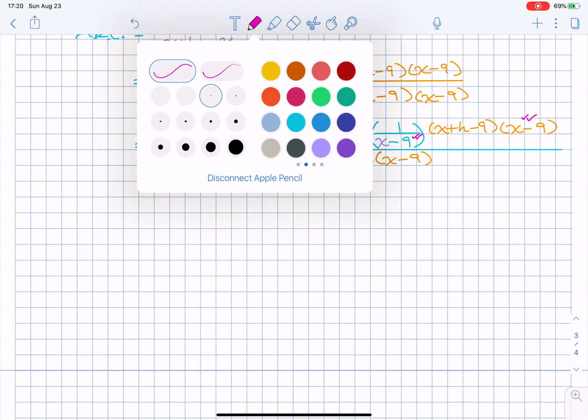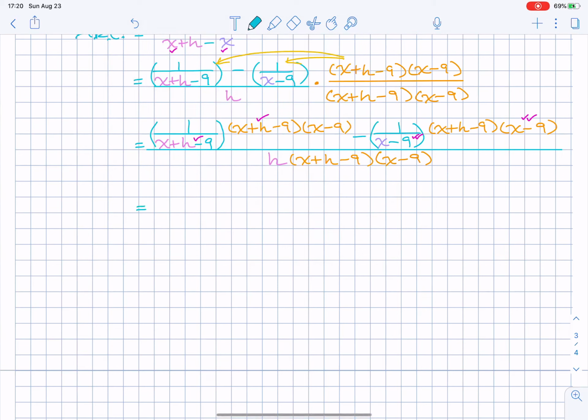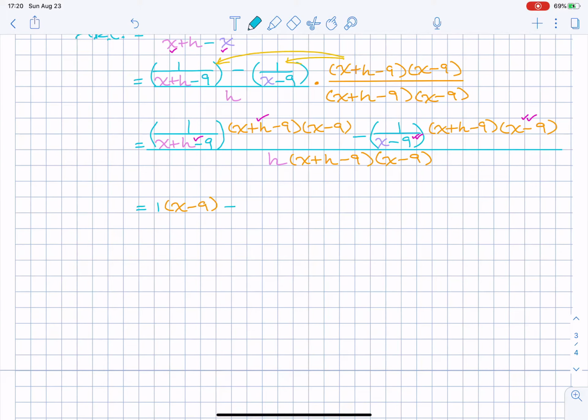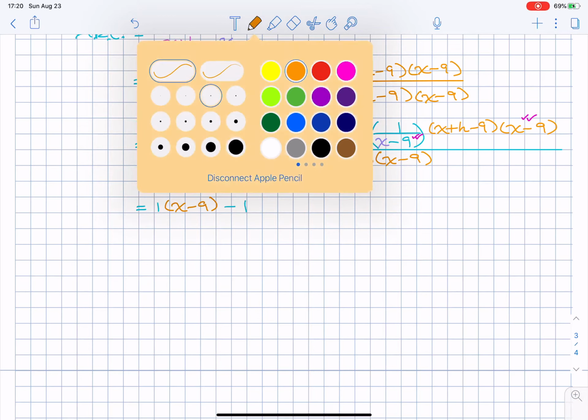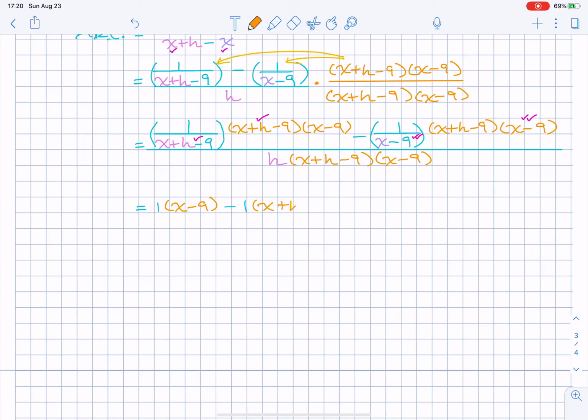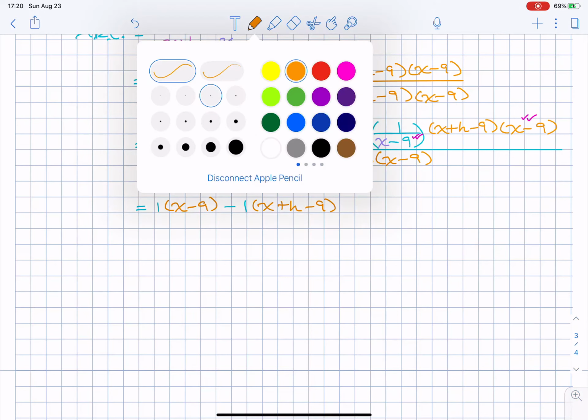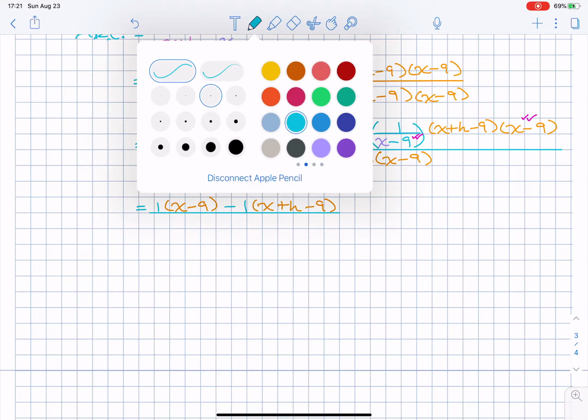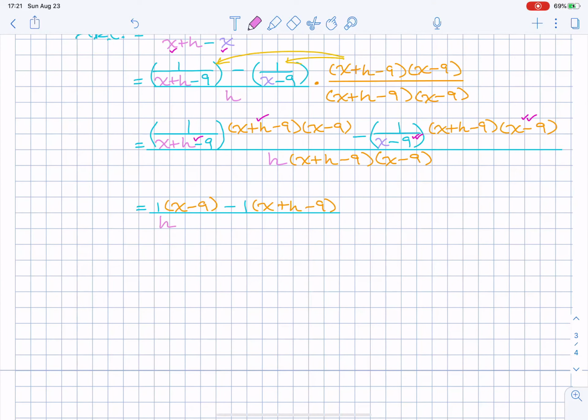So what I'm left with in the numerator now is simply 1 times the quantity x minus 9 in for the first term, from which I'm subtracting 1 times the quantity x plus h minus 9 in the second term. All over, there's nothing I can do to simplify the denominator, so I just leave it as h times the quantity x plus h minus 9 times x minus 9.